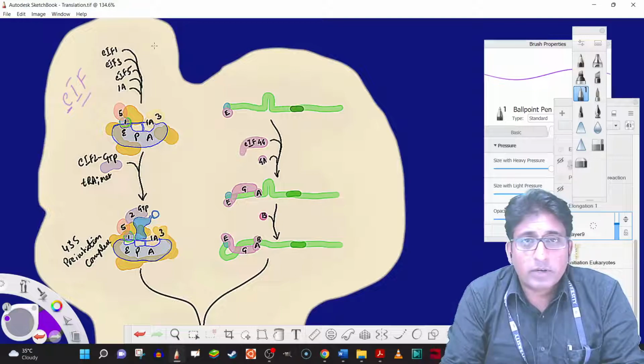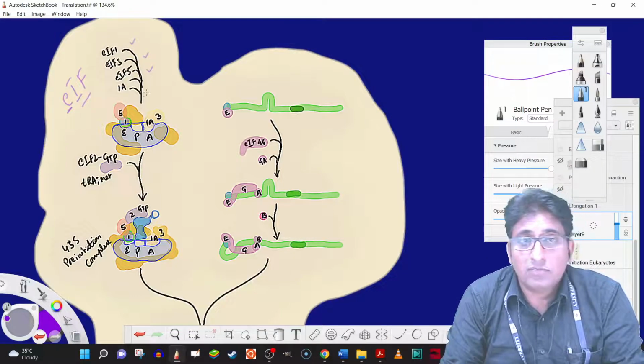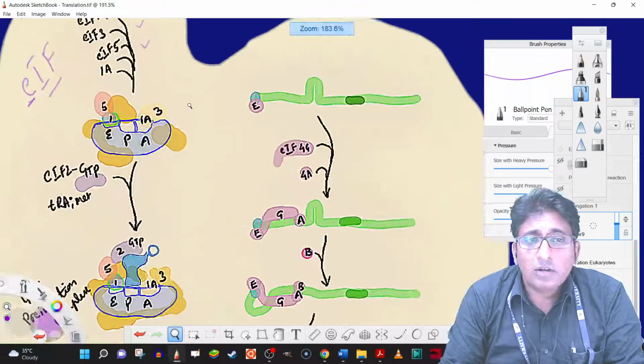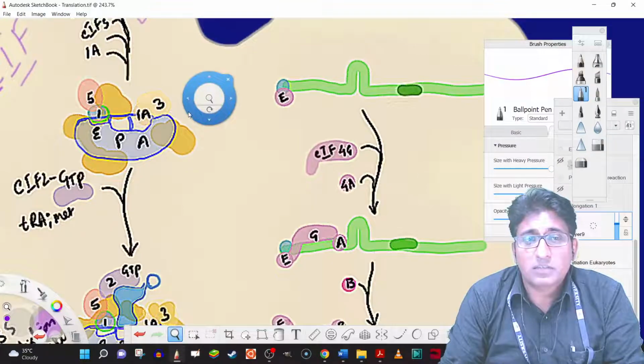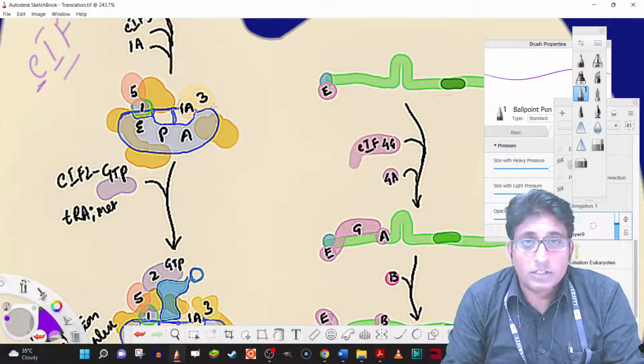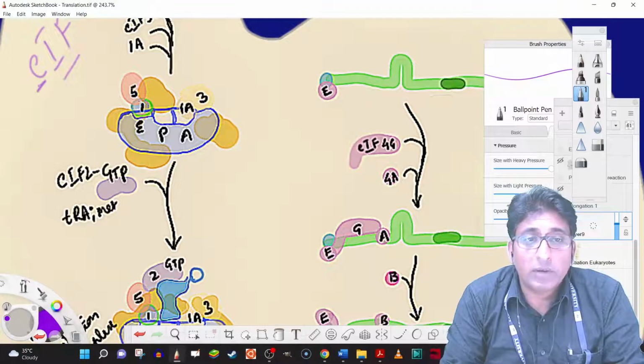Like in the prokaryote case, we also have initiation factors 1, 3 and 5, and we have multiple other accessory proteins, something like eIF1, 1A, etc. They all have functions very similar to what we have discussed for the prokaryotic initiation, like 3, 1 and 1A and 5, etc.